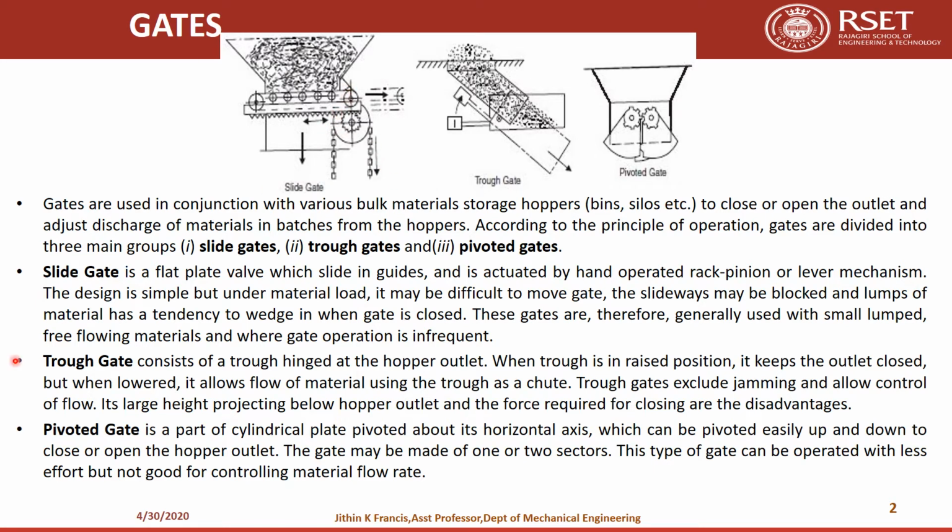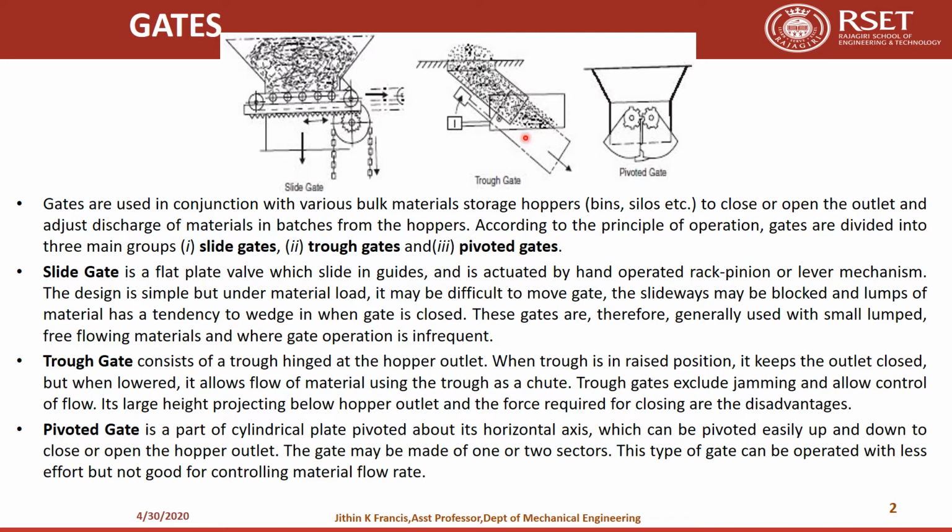Now the next one is the pivoted gate. A pivoted gate is a large part of a cylindrical plate moved around its horizontal axis, which can be pivoted easily up and down to close or open the hopper outlet. The gate may be of one or two sectors. This type of gate can be operated with less effort but is not good for controlling the material flow rate.